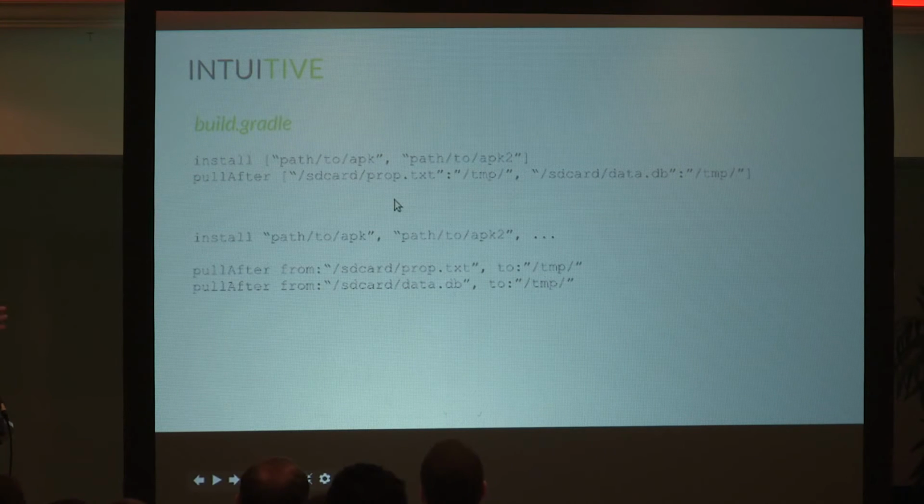You ask for a device, there is a file that is on the device, and you want to extract this file onto your host, somewhere on your computer. So what I wanted to add is to use named parameters from and to. So let's see how we can implement it. For example, install.